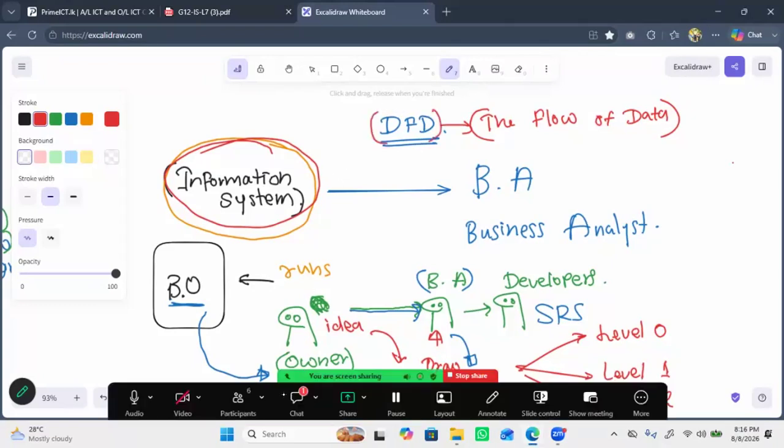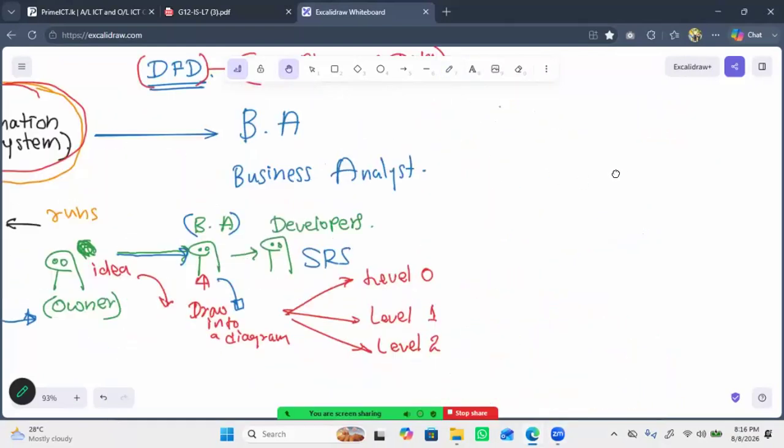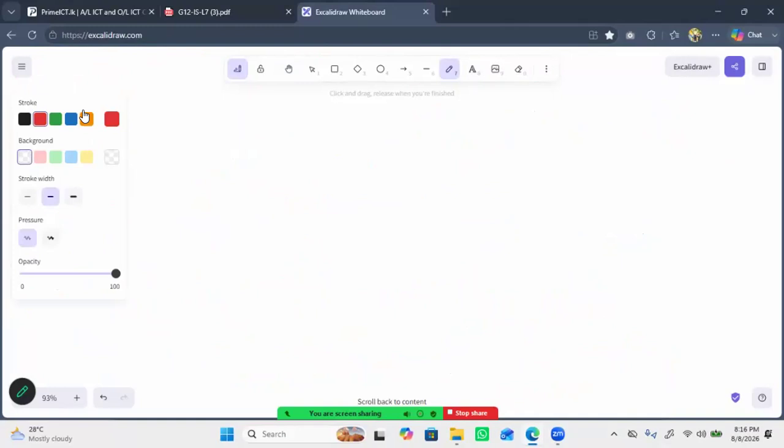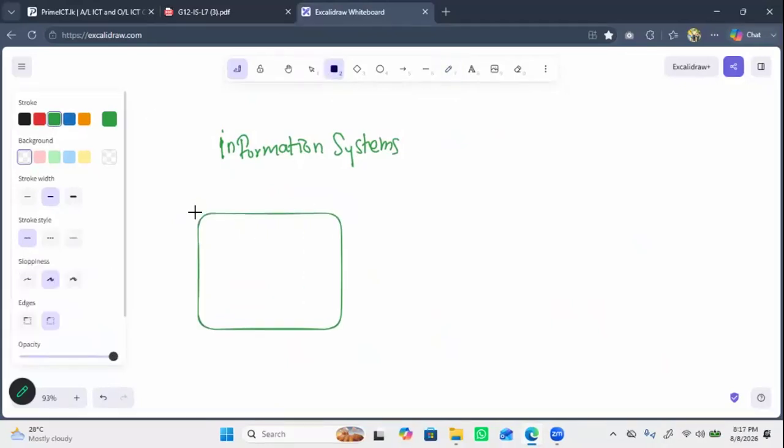I will explain what is DFD again. Okay, listen carefully. Now, for what are we making information systems, this is our lesson. We are making information systems for business organizations.